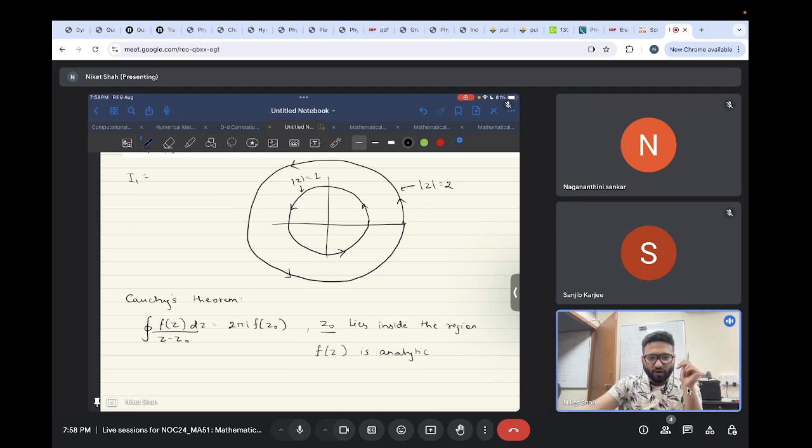So basically, the whole function is analytic in that case. For Cauchy's theorem, there is one pole at z equal to z0. Because of that pole, we are getting the integral to be something non-trivial. Otherwise, if there is no pole and the entire function within the integral sign is analytic, then the right hand side gives you 0. The integral of f of z dz is equal to 0 if f of z is analytic in the region considered.